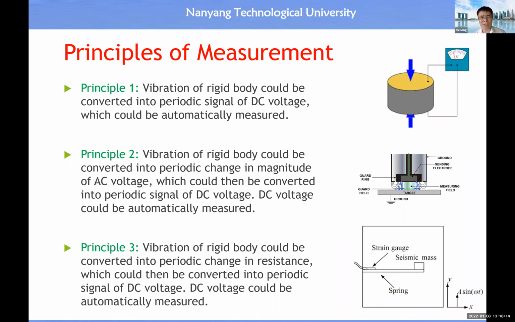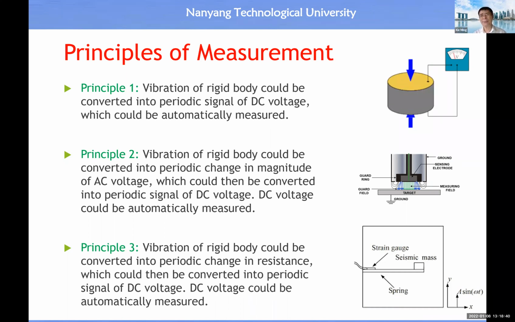Principle number 1 is to make use of this piezoelectric effect, all right? So when there's a vibration acting on the piezoelectric material, then there's a voltage output, right? Then by converting the voltage into a readable value, then do the calibration, then eventually we should be able to know the amplitude.